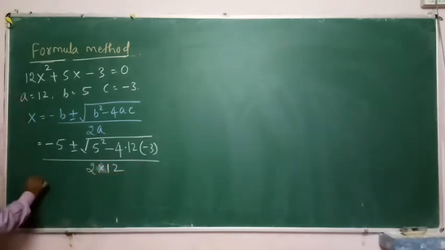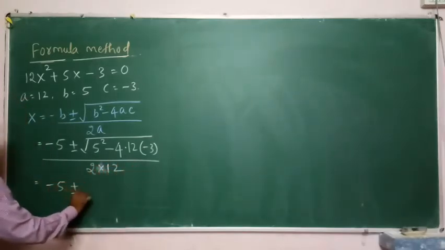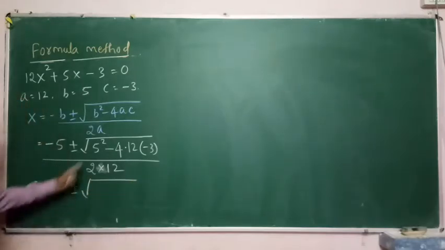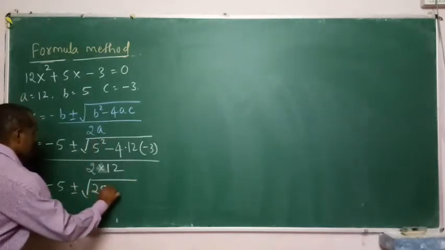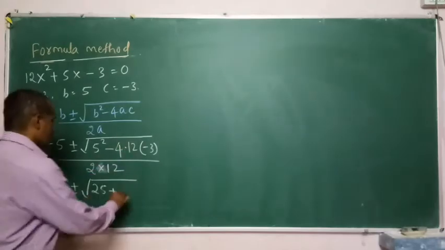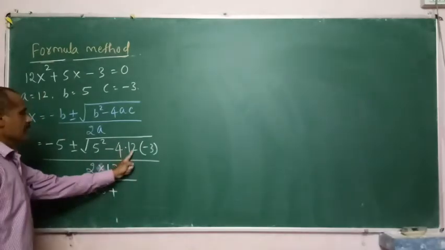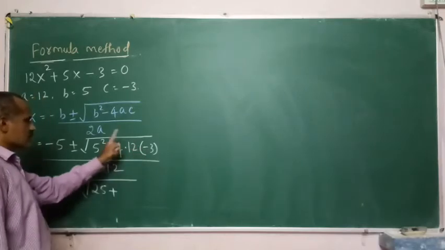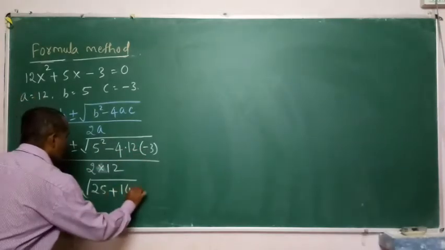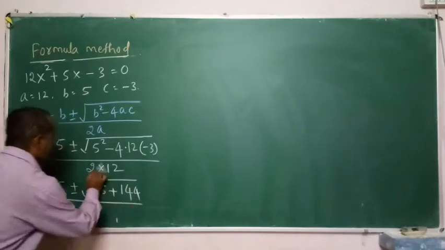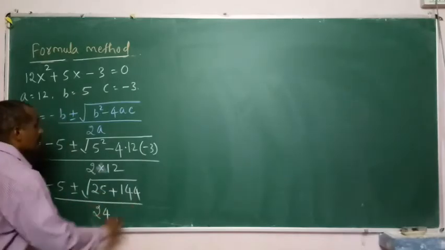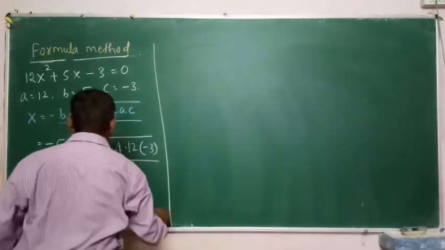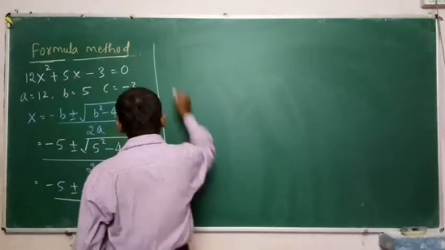Minus 5 plus or minus under root 25 minus into minus plus 48. 12 threes are 36, 36 fours are 144, and 144 divided by 12 is 12.